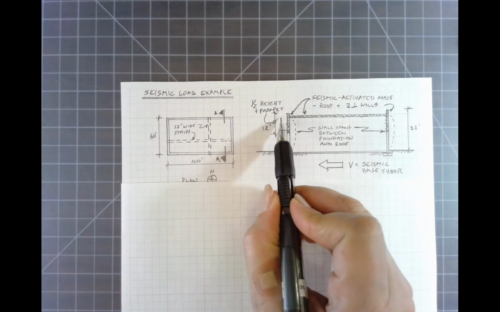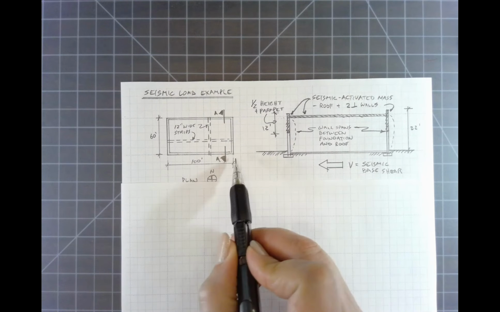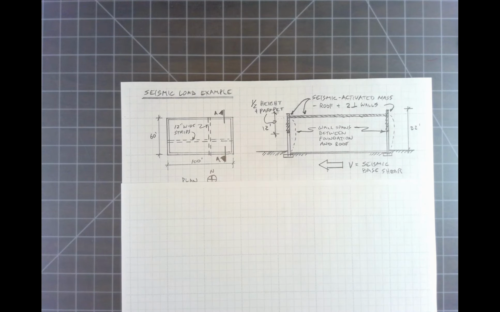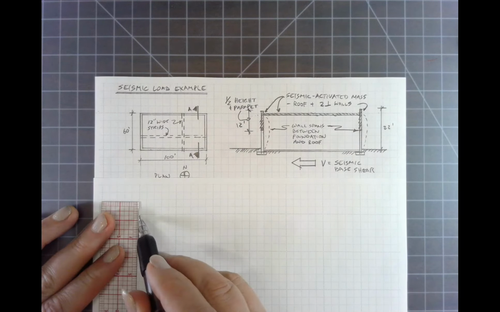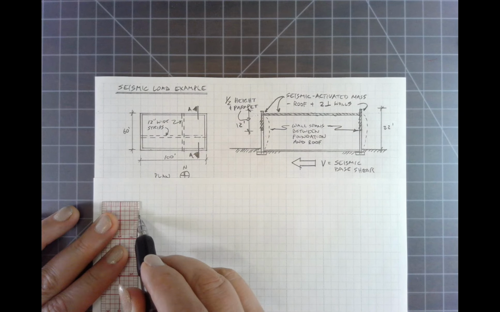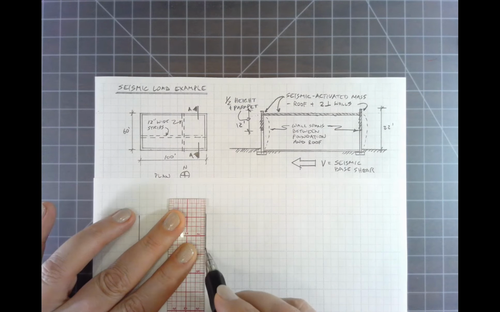So that becomes a concentrated force along the top edge. And again, that goes back to the previous 3D model that we looked at with the linear load at the top of the roof. And if there were multi-story, that would be from floor to floor as well. So here's our roof structure.